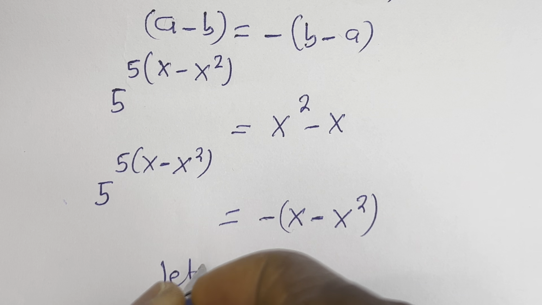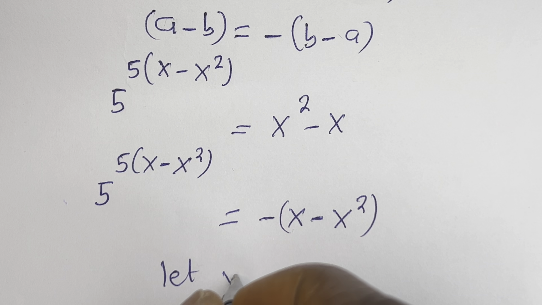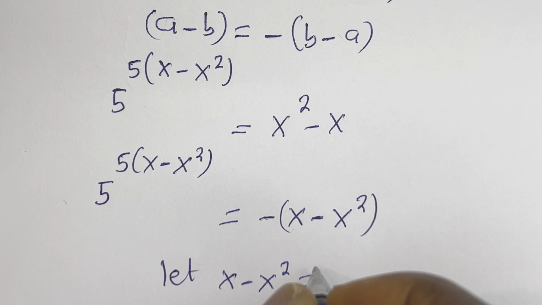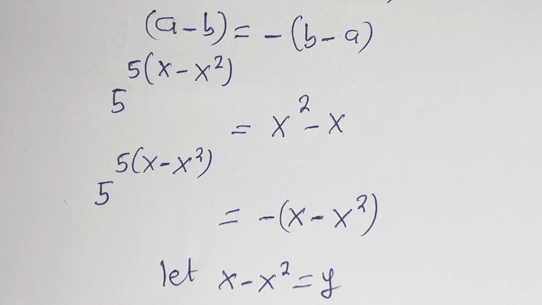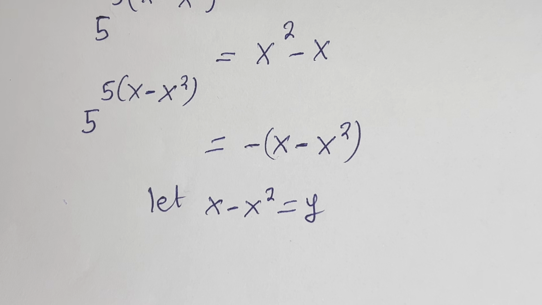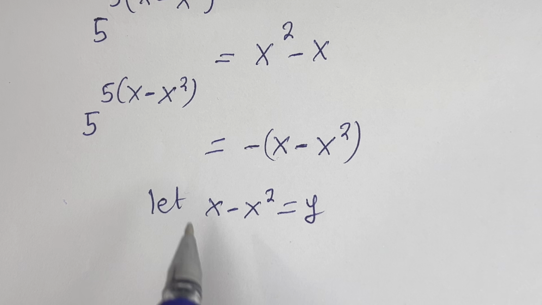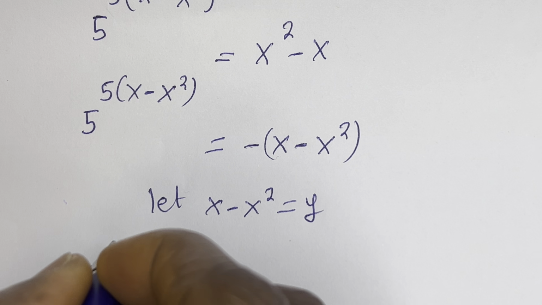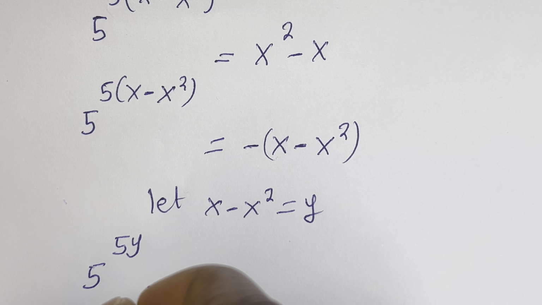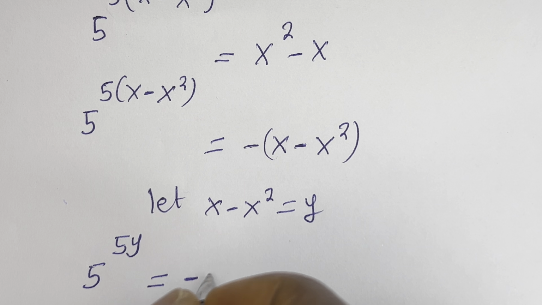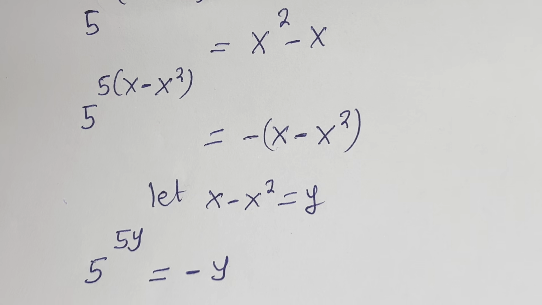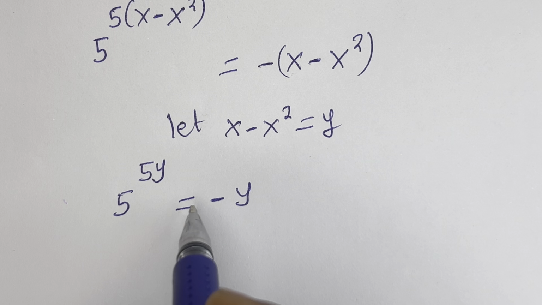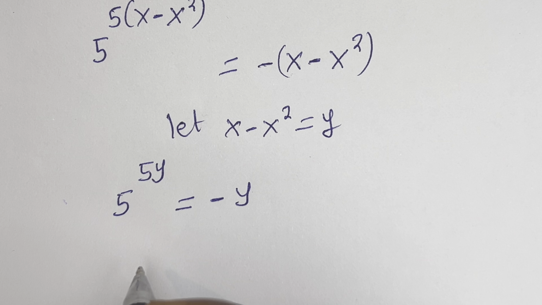Now let s minus s square is equal to y. Then the whole of this becomes 5 to the power of 5y is equal to minus y. Let's multiply the exponent of both sides by 1 divided by y.